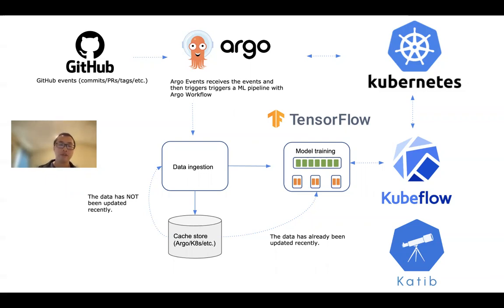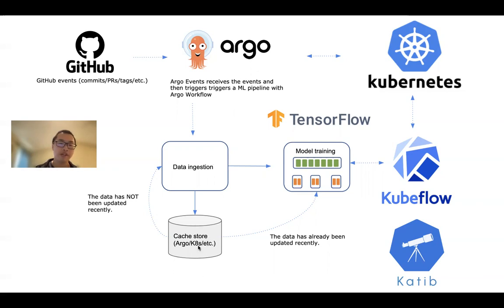So in other words, the Argo Events triggers a pipeline that's defined and chained together by Argo Workflows. A simple workflow may look like this. The data ingestion is responsible for ingesting data from the data source.